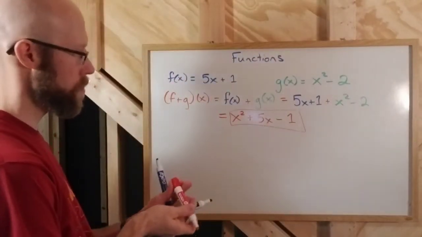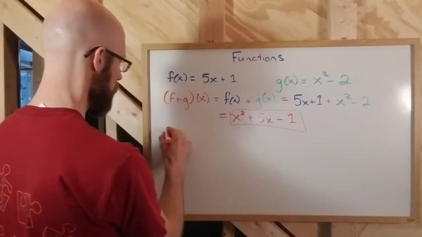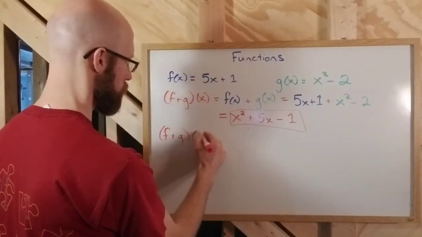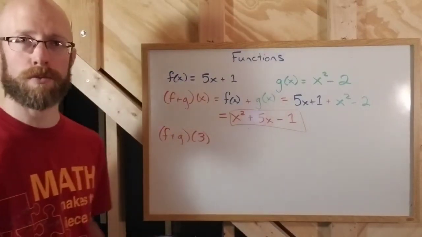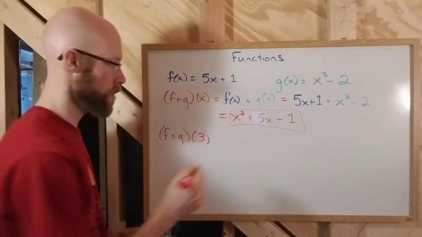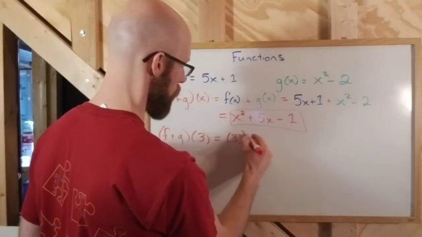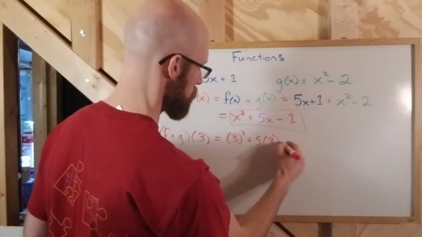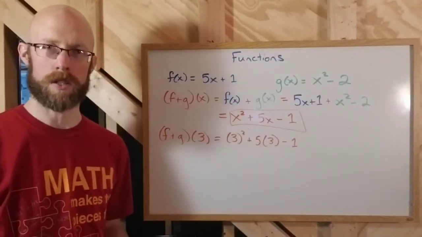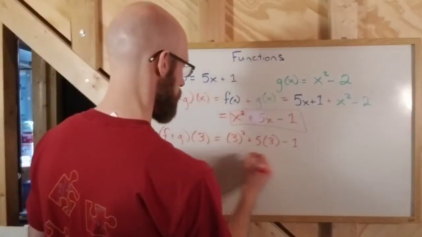We can also find values, find something like f plus g of 3, for instance. All you got to do is plug 3 into that new function that we just found. So it would be 3 squared plus 5 times 3 minus 1. All right, so you plug the 3 into the new function. So we can evaluate these as well, just like we did with anything else.